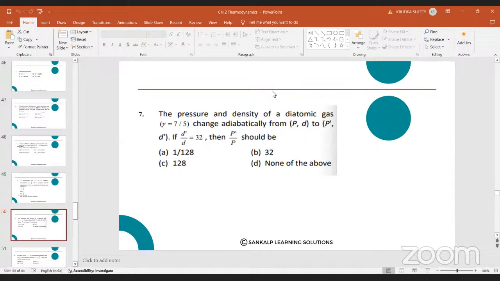The next question. The pressure and density of a diatomic gas, gamma is equal to 7 by 5, change adiabatically from P, D to P dash, D dash. If D dash by D is equal to 32, then P dash by P should be.